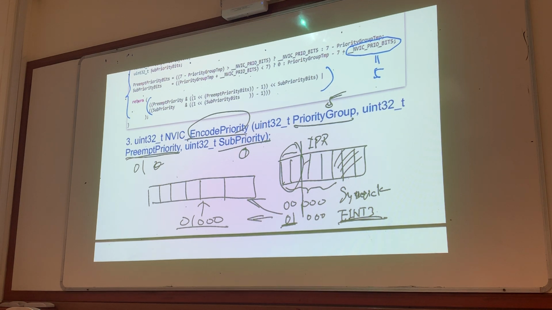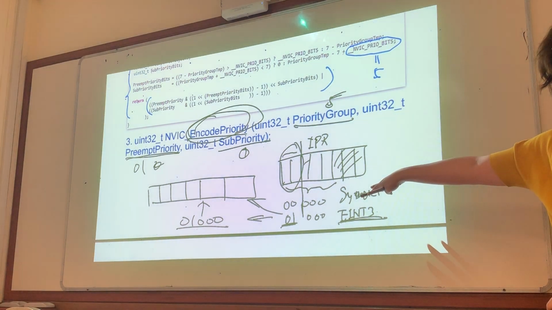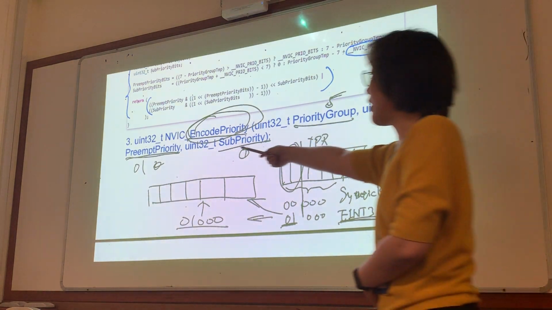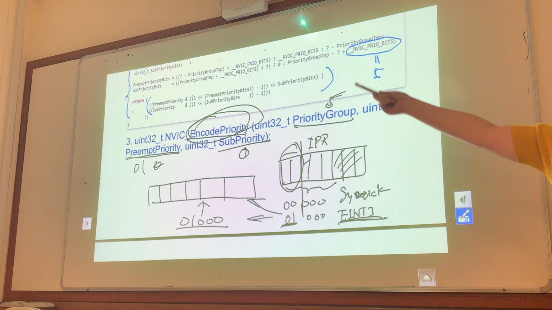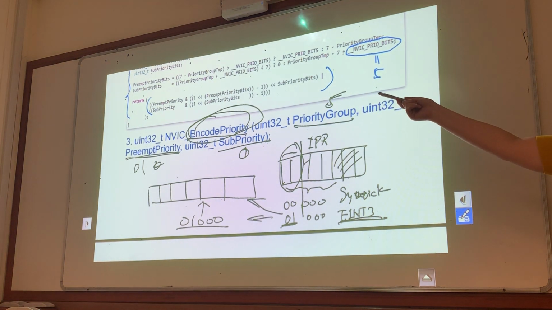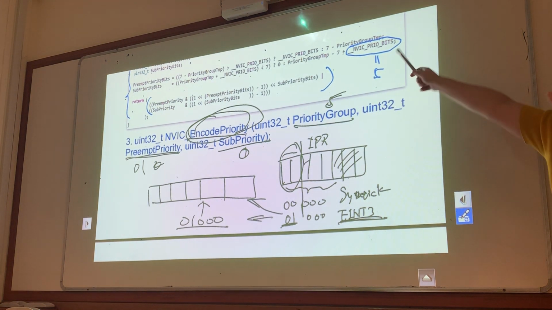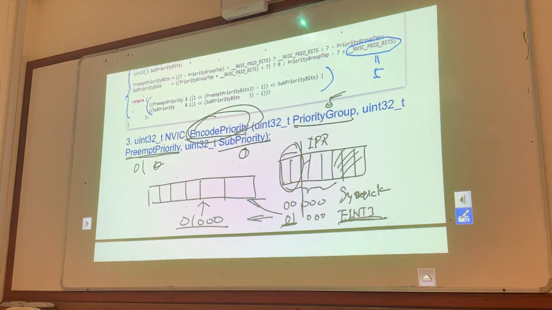There's a rule for NUS, for example, that your thesis font should be 12 and the spacing should be a certain amount. So there are requirements, and similarly here, this function is just a library helping people get everything in the correct format. You can directly use the return value to set your IPR equal to that value, but it's not modifying any register.